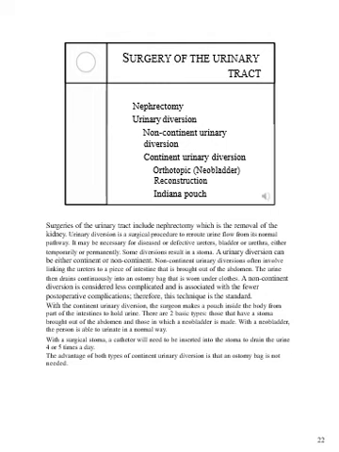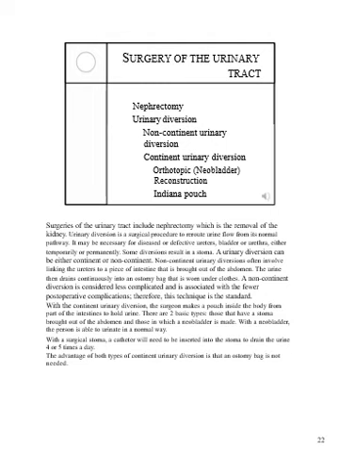With the continent urinary diversion, the surgeon makes a pouch inside the body from part of the intestines to hold urine. There are two basic types: those that have a stoma brought out of the abdomen and those in which a neobladder is made. With a neobladder, the person is able to urinate in a normal way.